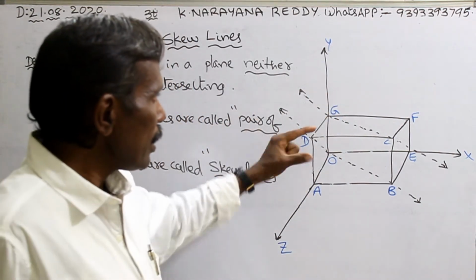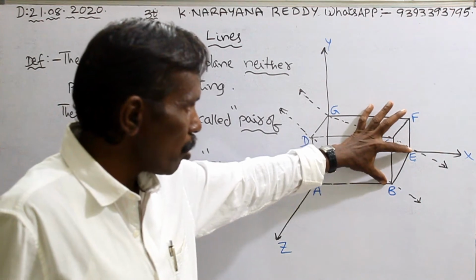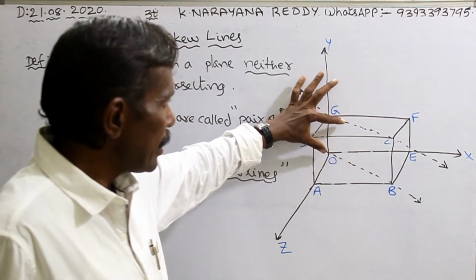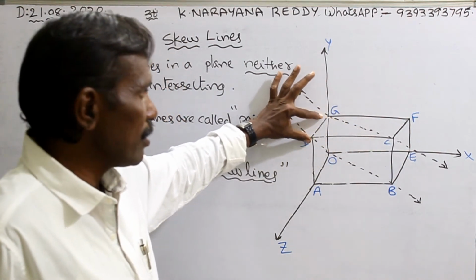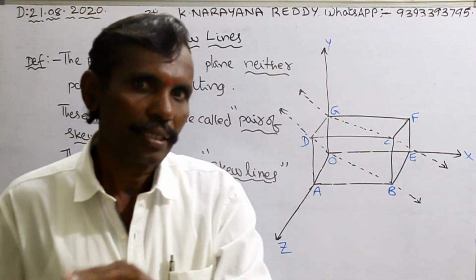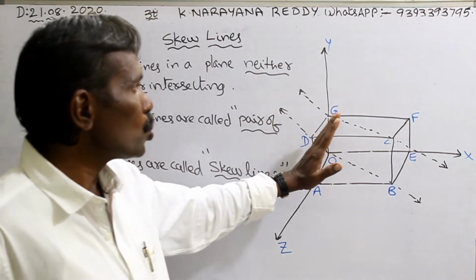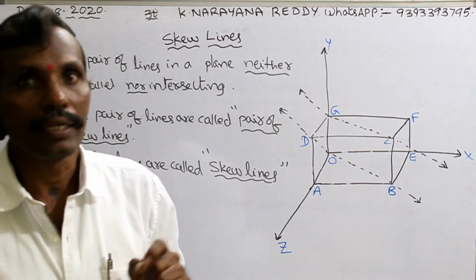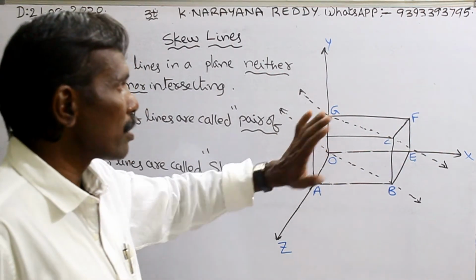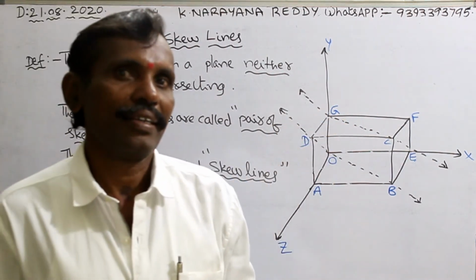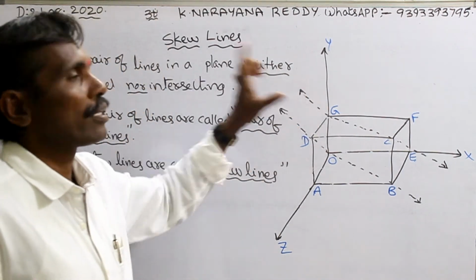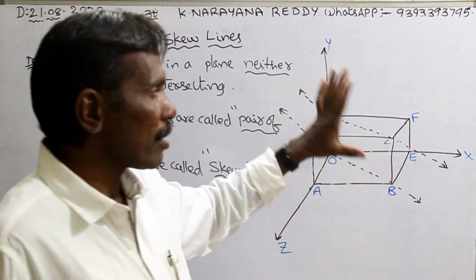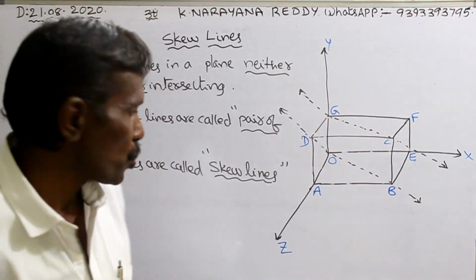So, here the distance is more between two lines, and gradually the distance decreases between those two lines. That means those two lines are not parallel, but there is another condition also. Those two lines are not intersecting with each other. That means these two lines are called skew lines. Also, the pair of two lines are called a pair of skew lines.